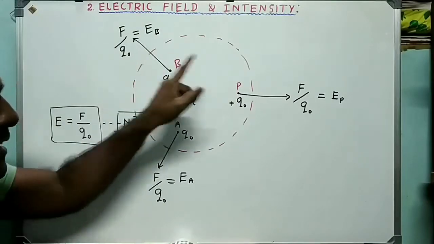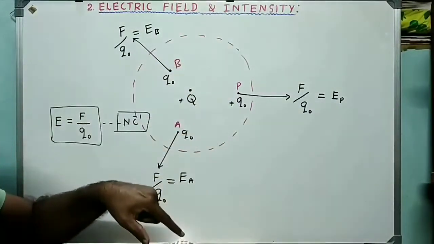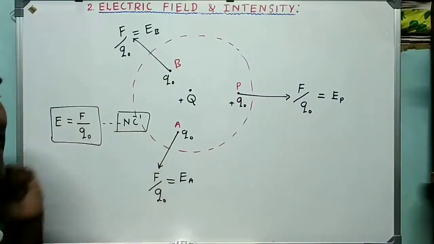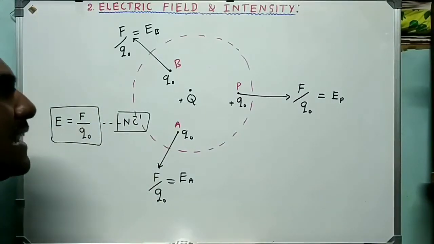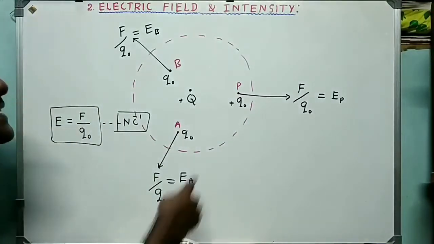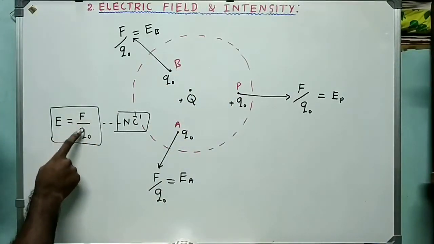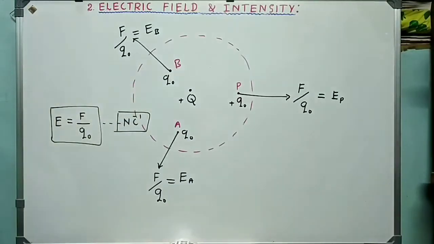Electric field means the space around the charge where other charged particles, test charges, experience the electrostatic force. That space is called the electric field. What is electric intensity? Electric intensity at a point is defined as the amount of electrostatic force experienced by the test charge when placed at that point.